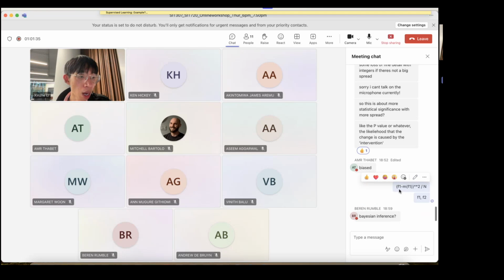Let me expand this. This square actually equals, I make a multiplication, right? Now we have two features, so how about we just do this? Then this is a general formula.